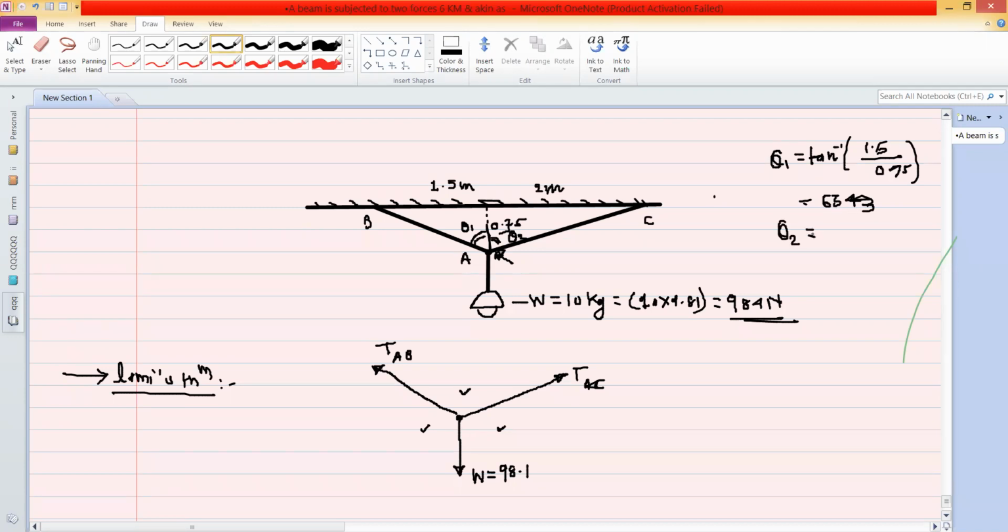And the second angle, theta 2, is equal to tan inverse 2 divided by 0.75. So it is equal to 69.44. So the total angle, let us take this angle as alpha, which is the addition of these two angles, 63.43 plus 69.44. So it is equal to 132.87.